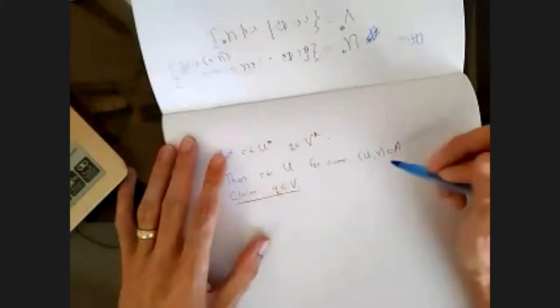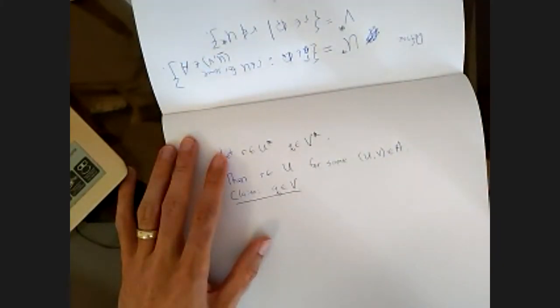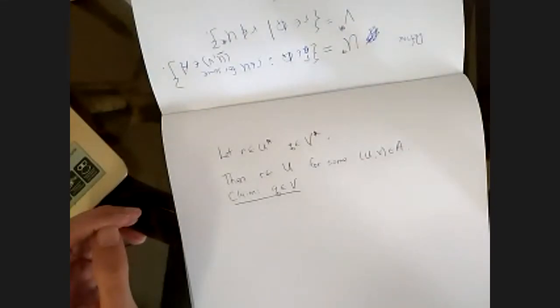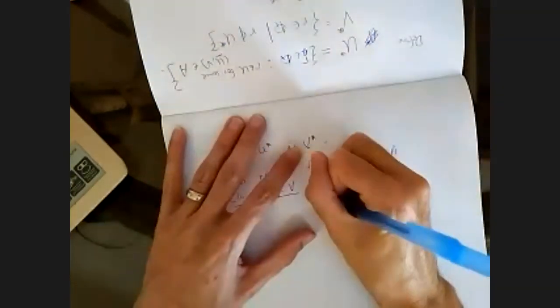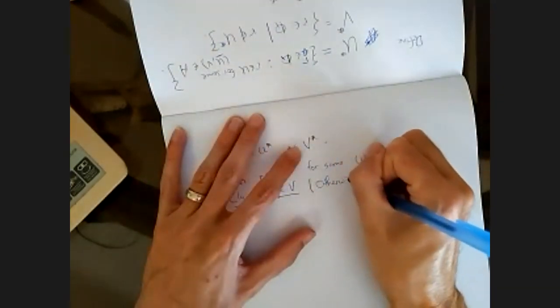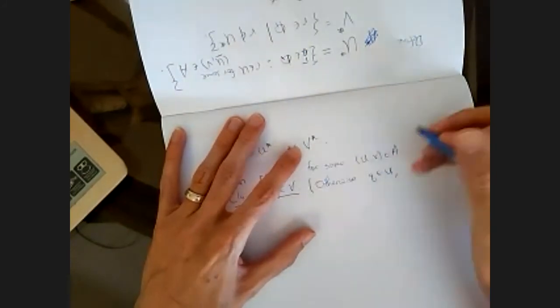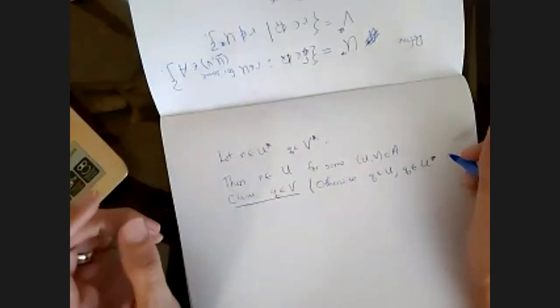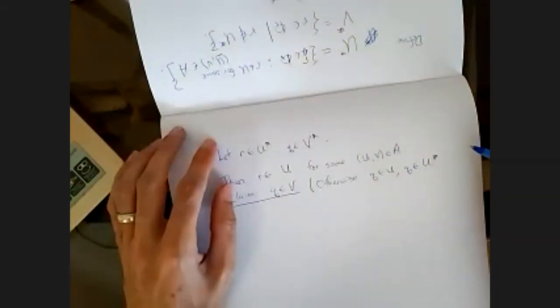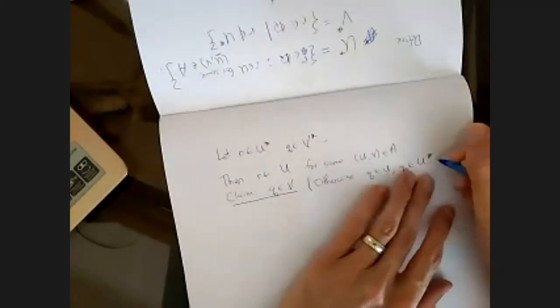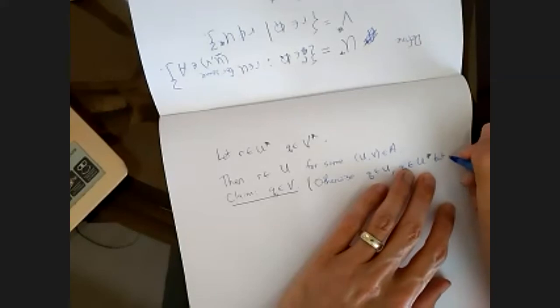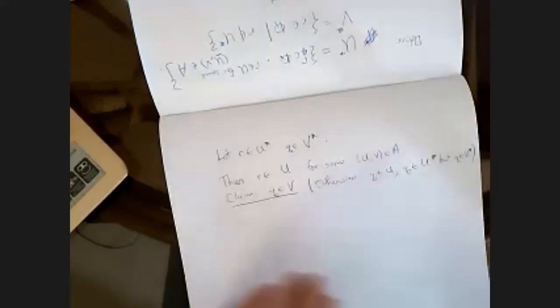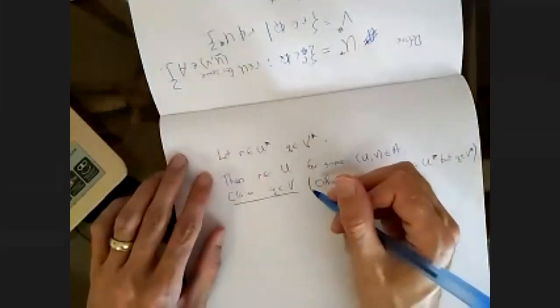Well, it's either in V or U, since UV is a Dedekind cut. Otherwise, if Q is in U, which means that Q would be in U star as well, but V star is the complement of U star. So this is a contradiction. So Q is in V star. Okay, so Q is in V.